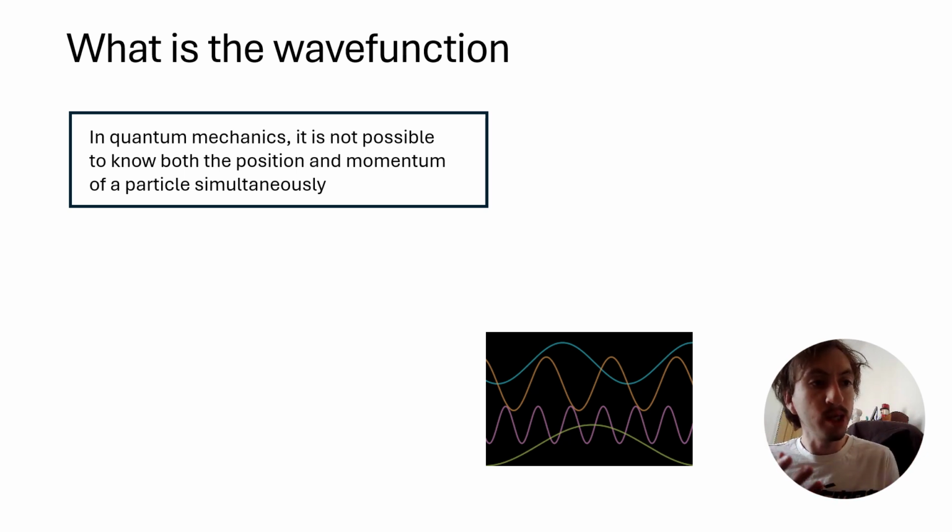The reason is that in quantum physics, it is impossible to know both the position and the momentum of a particle simultaneously. Meaning that there is uncertainty, natural uncertainty, in often both where the particle is and what momentum it has.